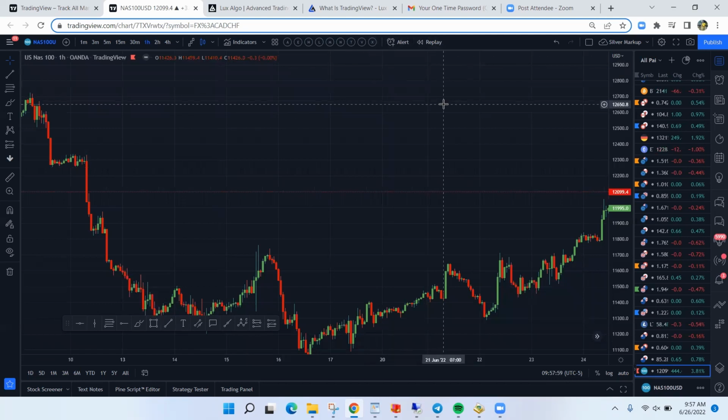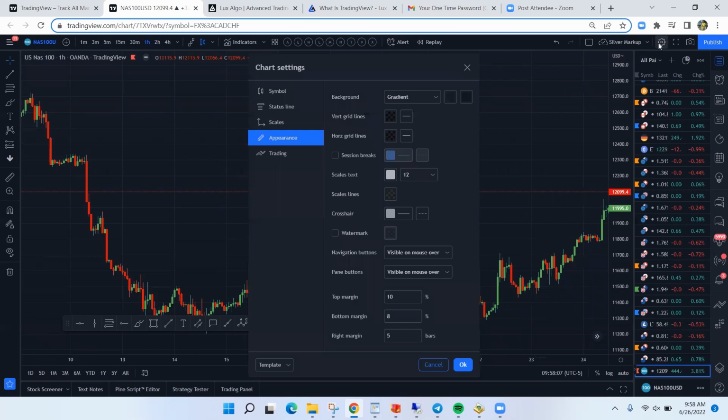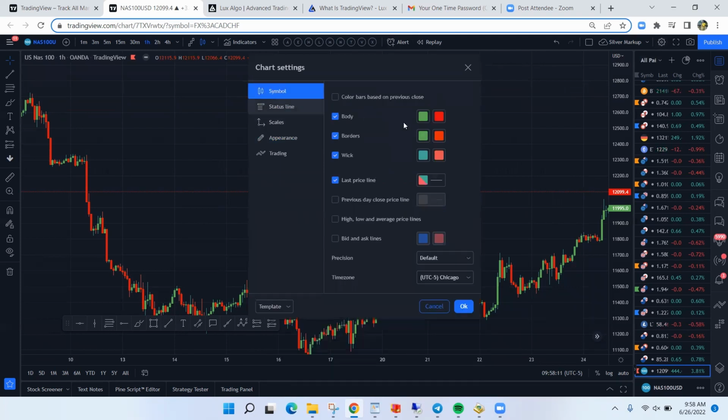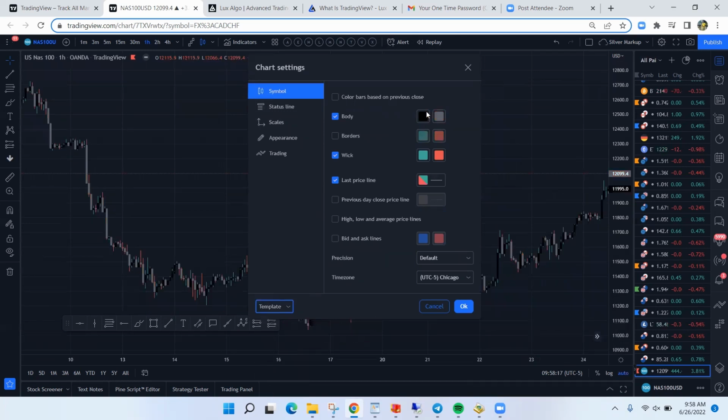So let's go right into it. There's a couple things you have to do so you can properly view the Lux Algo. One is you have to change the colors of your candles. So let's go to the candles right here. I have a template, and I'm just going to show you how it works. Go to the body, change the left side to black and the right side to gray.